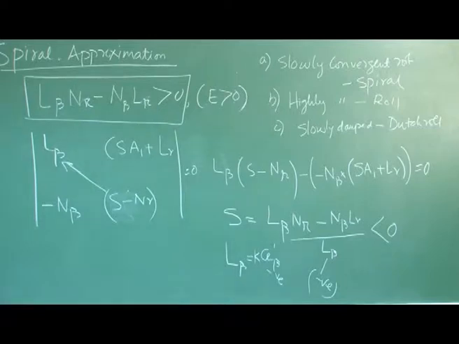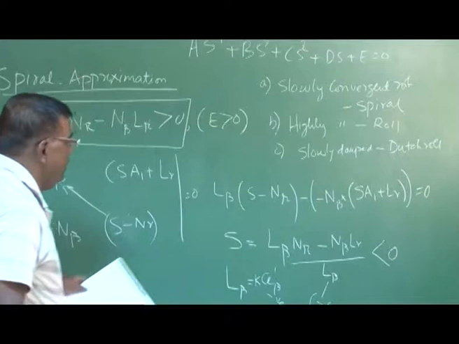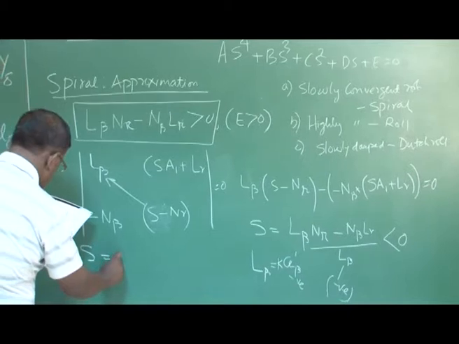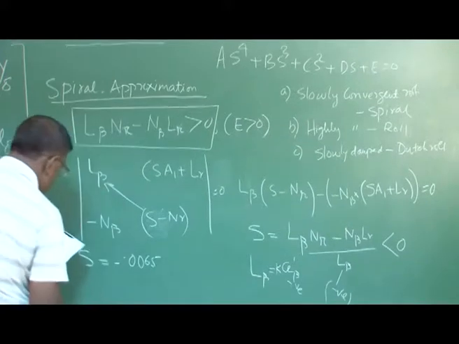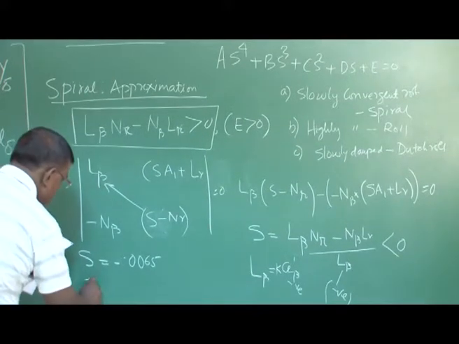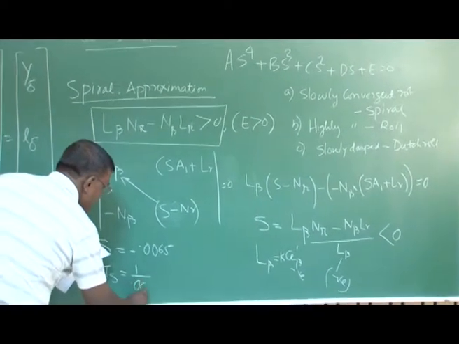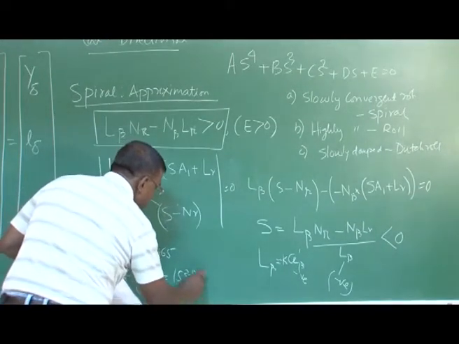But the question comes: it will tell you whether the spiral mode is divergent or convergent, but how accurate will it be in terms of numbers? If we do this approximation with the data we used in the last example for this airplane, you get the value of s as minus 0.0065, which means the time constant Ts is 1 by 0.0065, which is equal to 153.8 seconds.